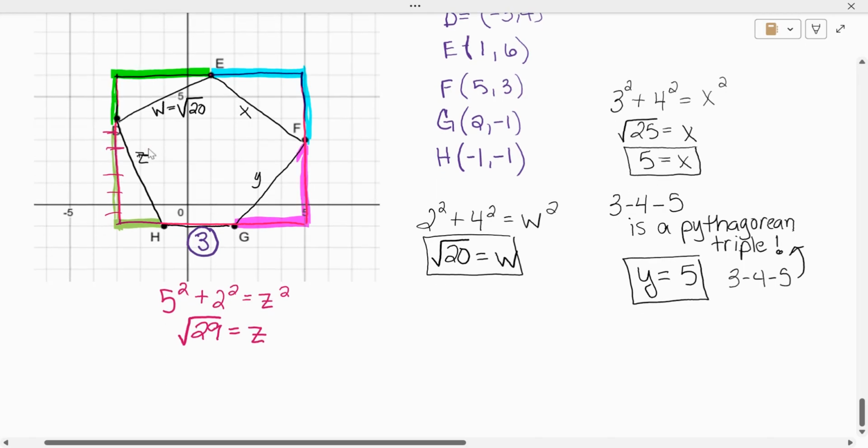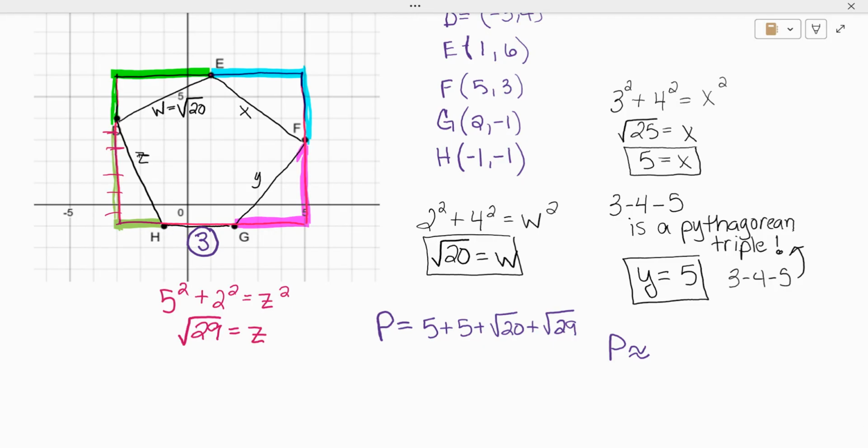You guys are awesome. So the perimeter equals 5 plus 5 plus the square root of 20 plus the square root of 29. What is that about when you put that into your calculator? It's about 22.8.